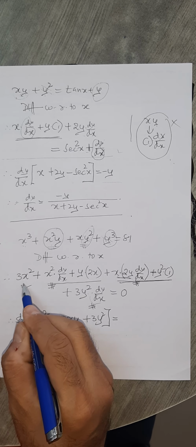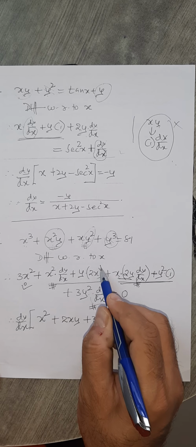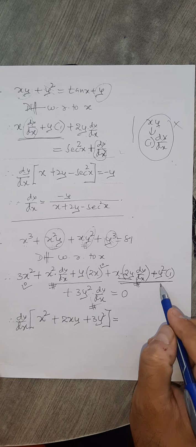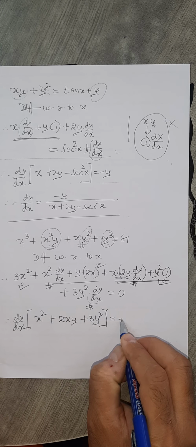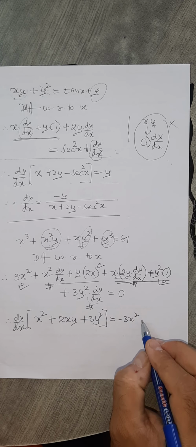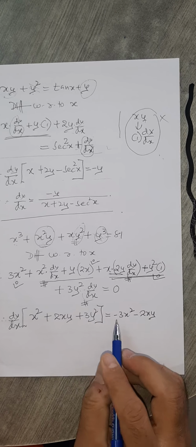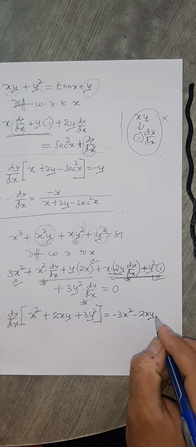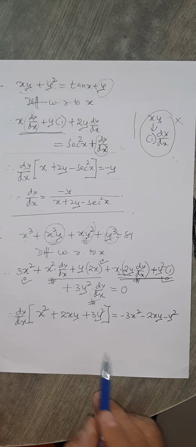This one is free from dy by dx, this one also, and this one also. So I'll take 3 terms on the other side. So minus 3x square, minus 2xy and minus y square. I hope this is clear to you.